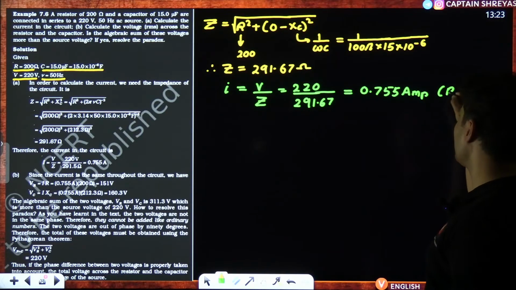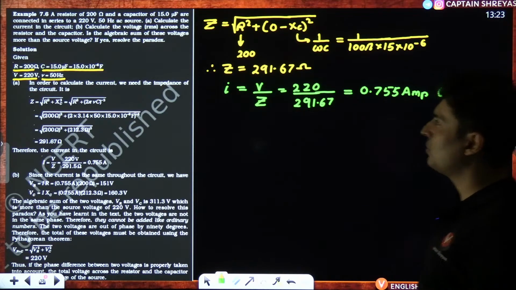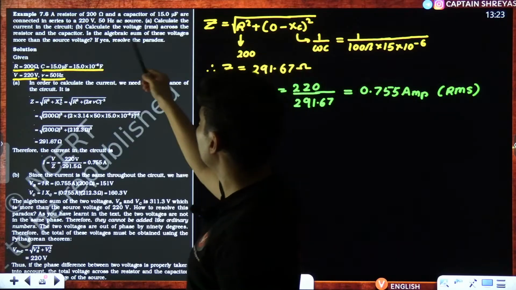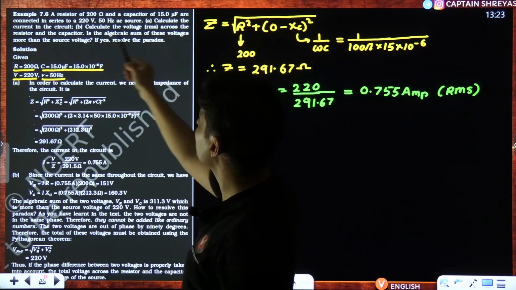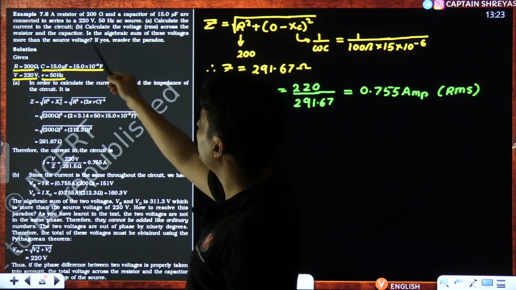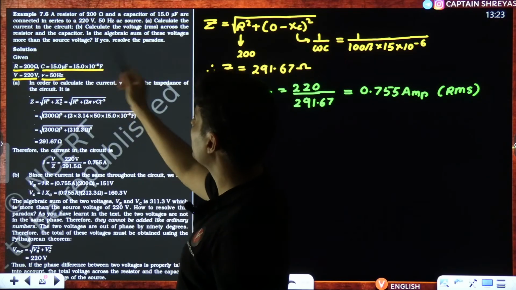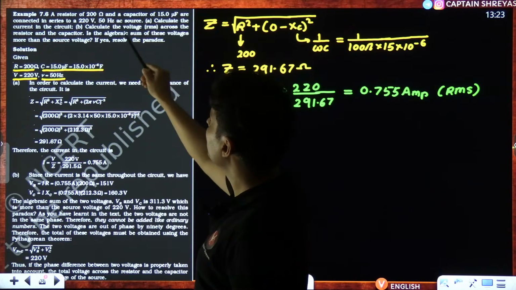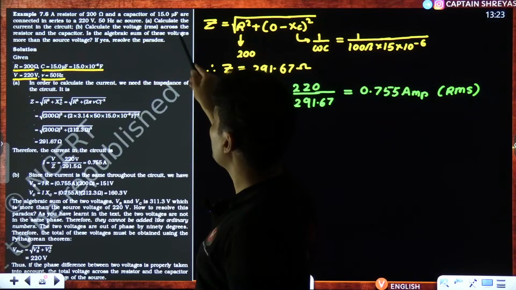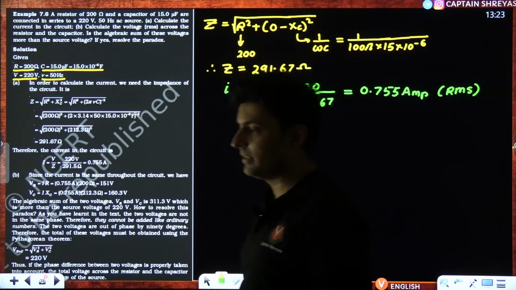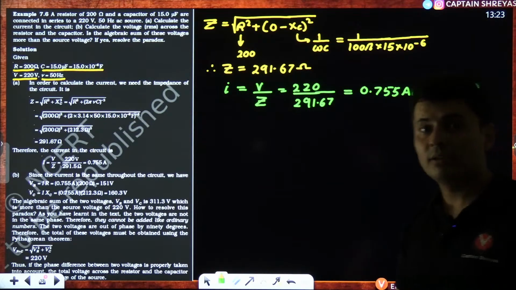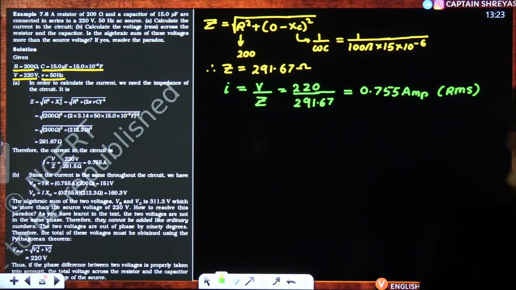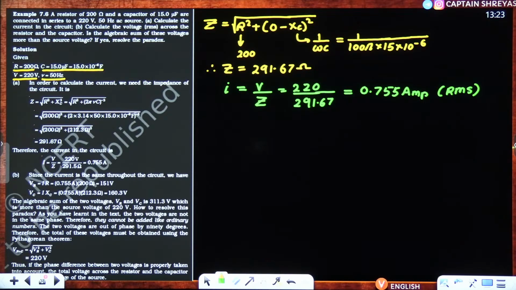But remember, this is RMS current, which is what is asked, I think. The RMS voltage is already given as 220. Calculate the current in the circuit, that is also done. Then they have asked to calculate the voltage across the resistor and the capacitor separately.